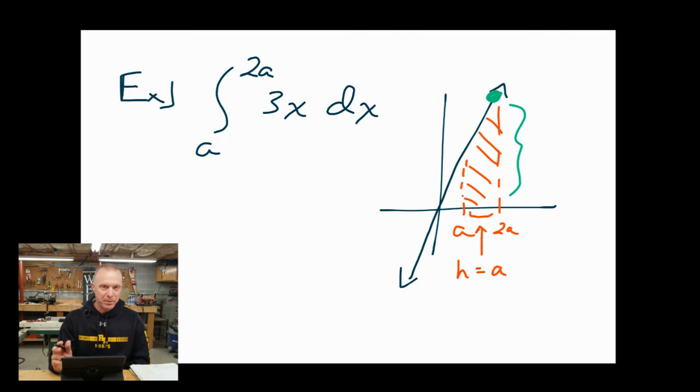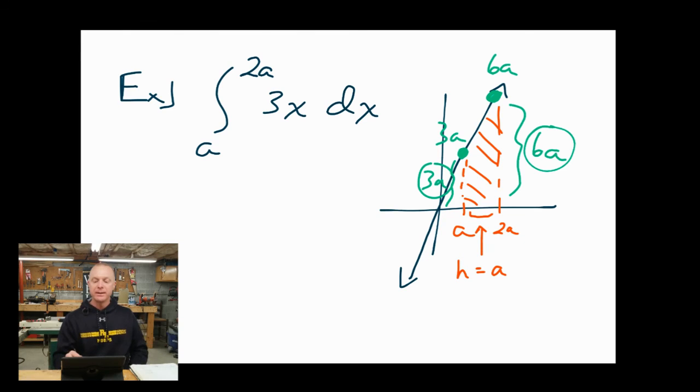So can I plug into my formula? Can I plug in 2a? Yeah, you can plug 2a in. That's going to come out to be 6a, which would be your y value, which would also be your height. And I can plug in a, and again, that would just give me 3a, which of course is that parallel side. Okay, so I've got what I need.